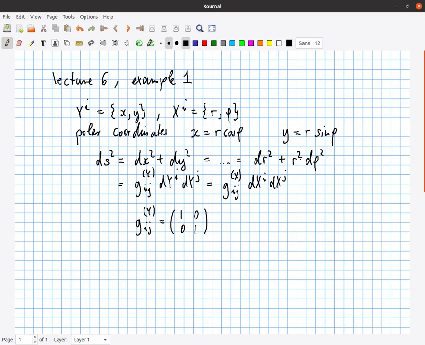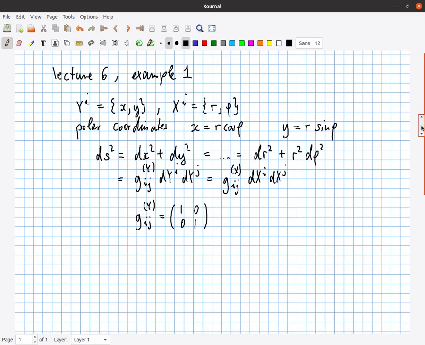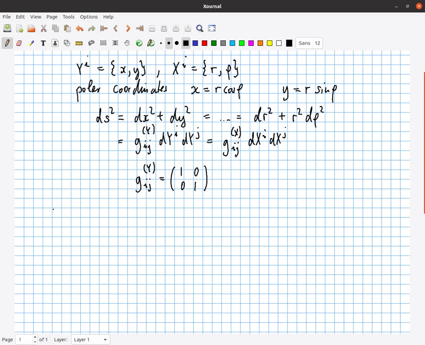However, there is a second way to arrive at exactly the same result, and that is using the definition of a tensor and its transformation properties. So if we use the definition of a tensor, then we have that Gij in the x coordinates is given by the following expression.